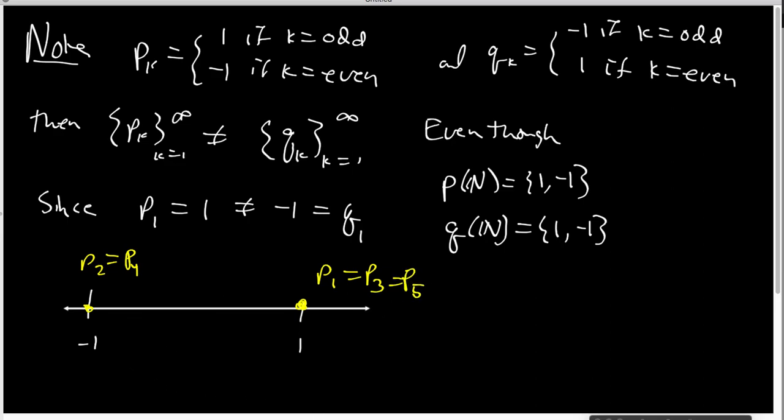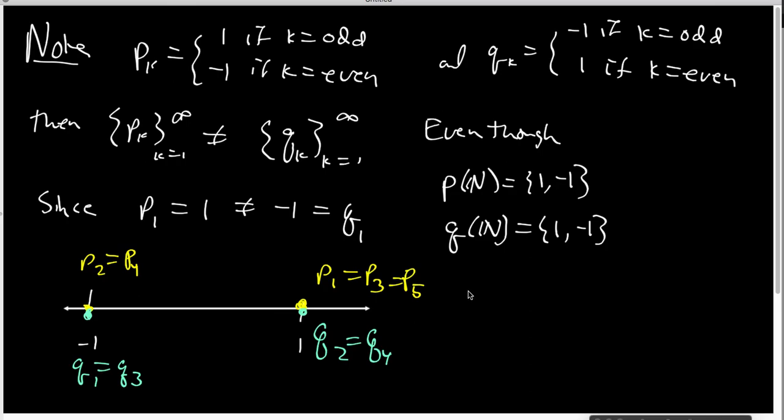But if I look at the Q's, they start out over here, Q1, and hop over here to Q2, and then Q3 is back over at -1, and Q4 is back over here.